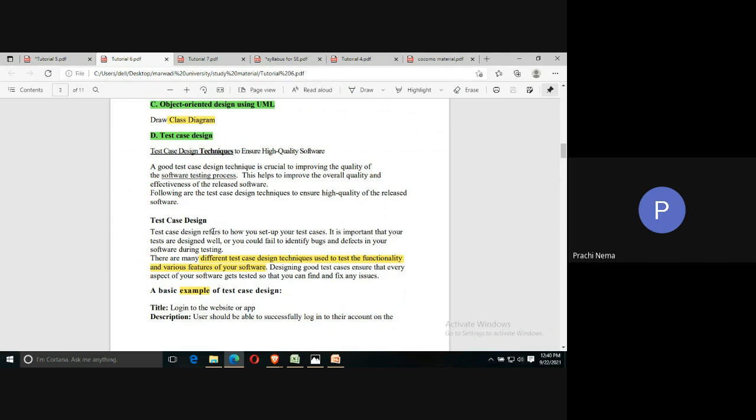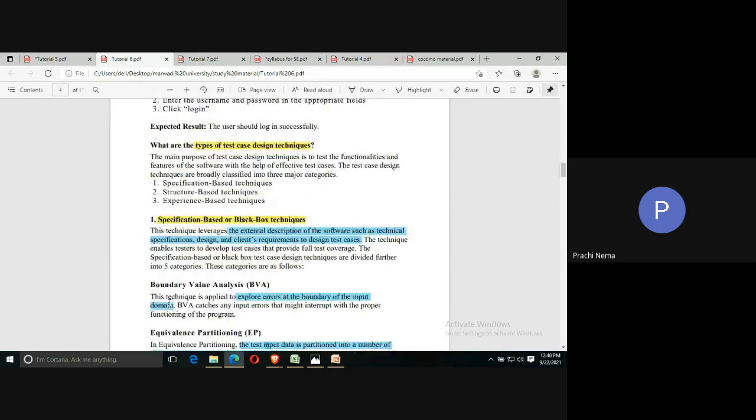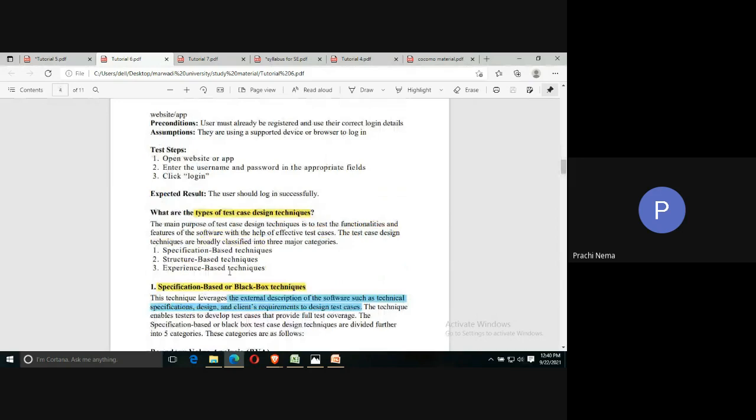Okay, first of all, let me tell you why we use this test case design process. It is a technique which is used to test the functionality and features of your software. So if you want to test the features and functionality, simply design the test cases.